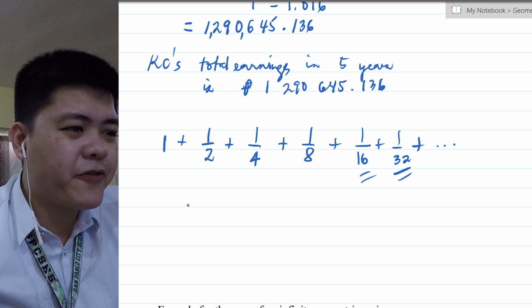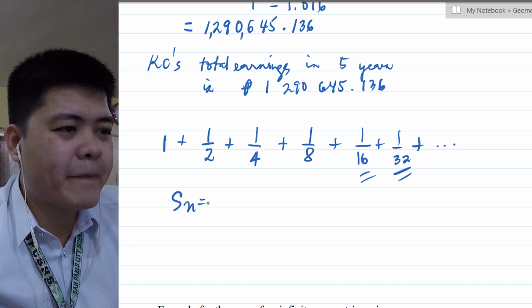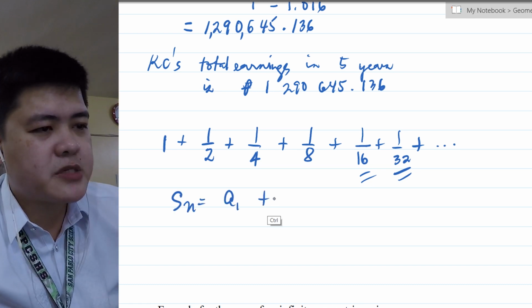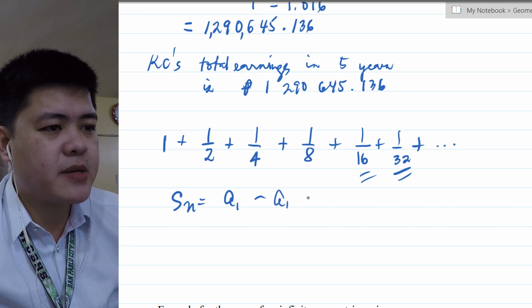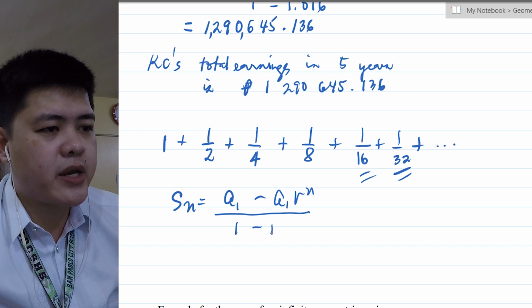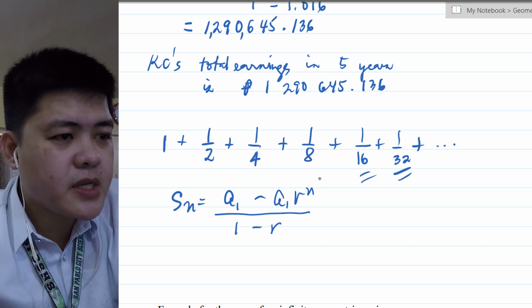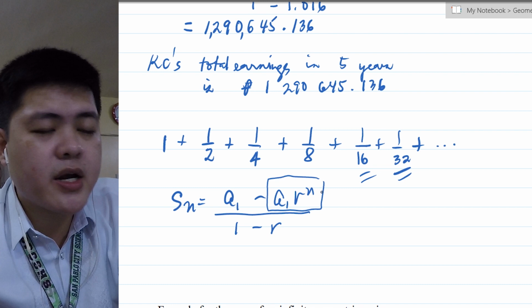Tama? So from the formula, we have S sub n equals A sub 1. Sorry, it's minus. Minus A sub 1 r raised to n divided by 1 minus r. Look at this term, A sub 1 r raised to n.